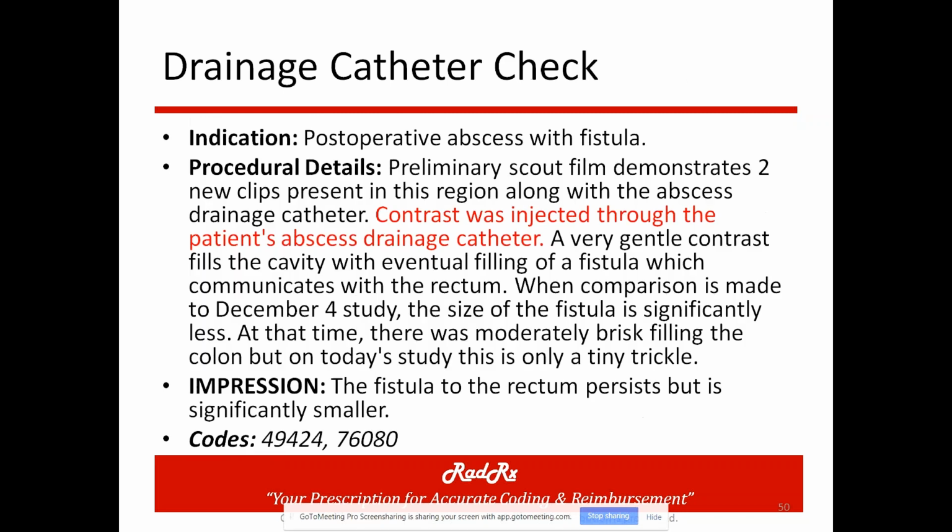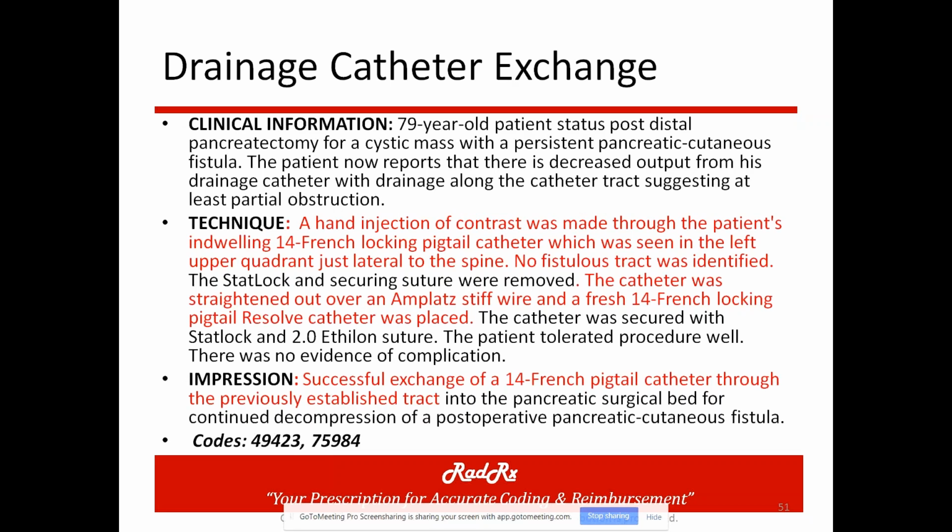So here's an example of a drainage catheter check, very straightforward. Contrast is injected through the patient's abscess drainage catheter, and then we have the findings for that. Since that's all that's done, it's 49424 and 76080. And then in the next example here, we have the injection of contrast made into the patient's catheter. Findings were documented.